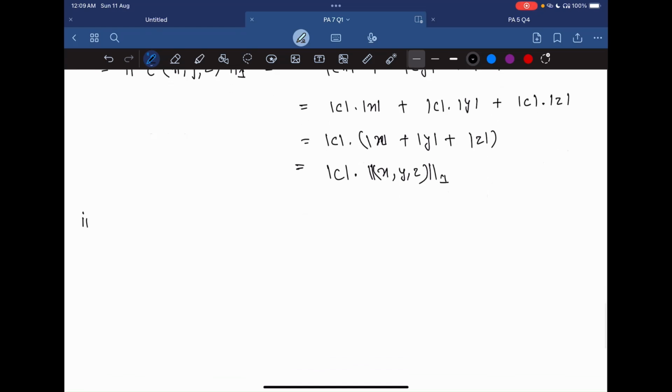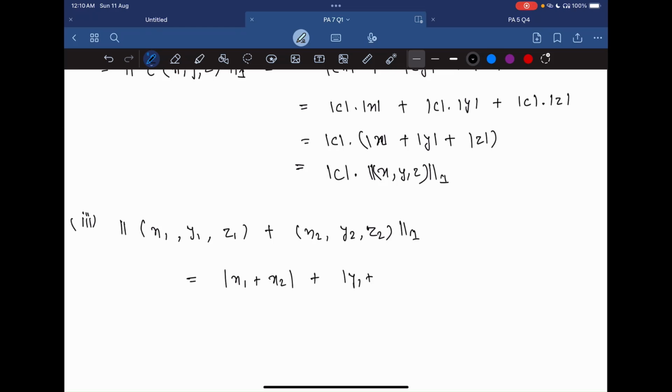Now we have to check the third condition, that is the triangle inequality on this. So we can take two vectors x1, y1, z1 plus x2, y2, z2, and if we go with the definition of the function, then we will get mod of x1 plus x2 plus mod of y1 plus y2 plus mod of z1 plus z2.